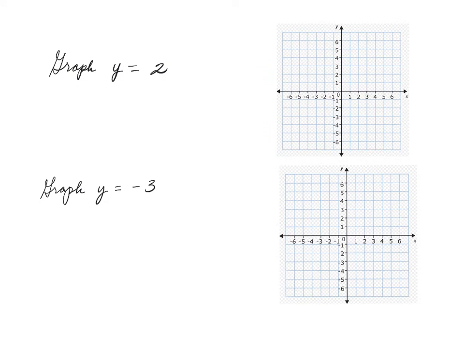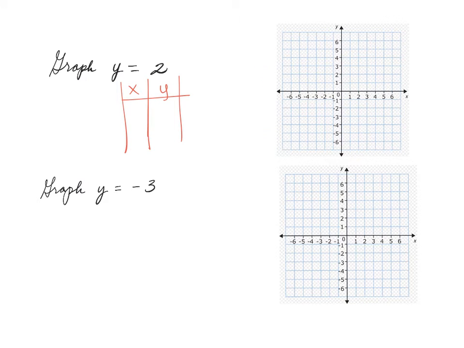Okay, now, what do you think y equals a constant looks like? If x equals negative 2 is a vertical line, then y equals something must be a horizontal line. So in this case where we say graph y equals 2, our x and y table looks like this.